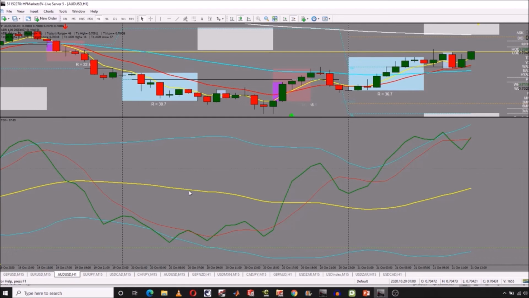Then the flexible 50 or the moving 50. It is also the overbought. In this scenario, for this pair, it's 62.71, and the oversold is 25.77. But we'll basically use this indicator as a confirmation tool.